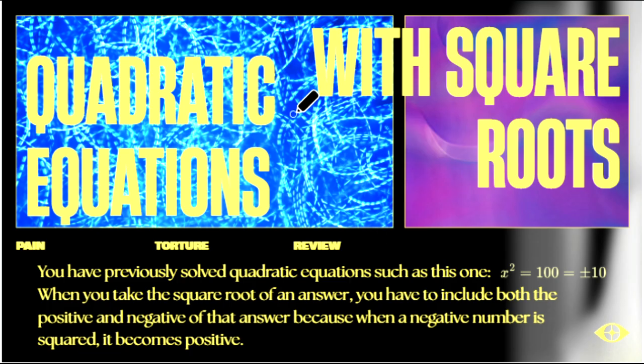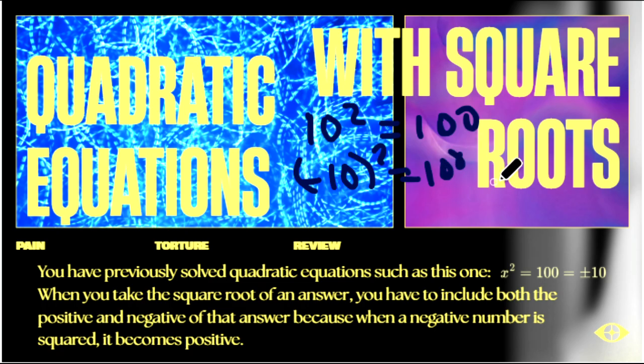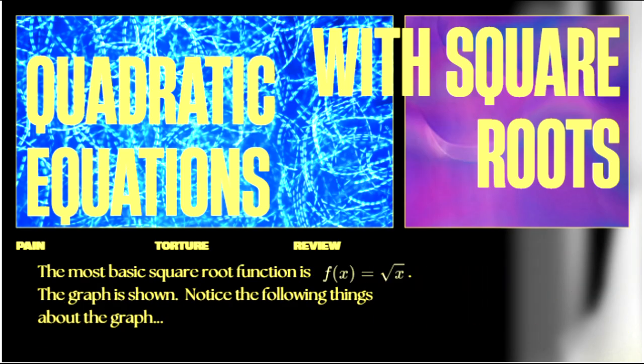So if I take 10 squared, it equals 100 because 10 times 10 is 100. But if I take negative 10 and square it, negative 10 times negative 10 is also 100. So you have to have both positive 10 and negative 10 to have your correct answer. We learned that before, just a refresher.